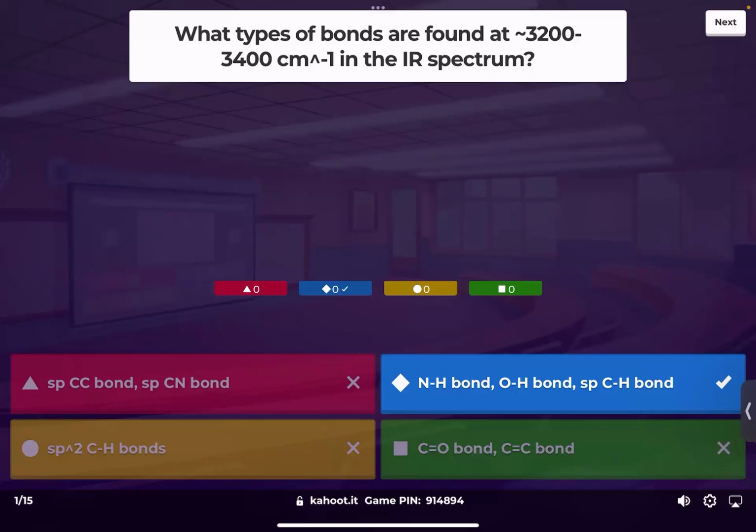The CC and the CN are between 2100 and 2300. Yeah, they're too low. How about the yellow one? That's right after the baseline, which is around 3100, and a little bit more to the left of that is the craziness, the NH, OH, and sp CH.